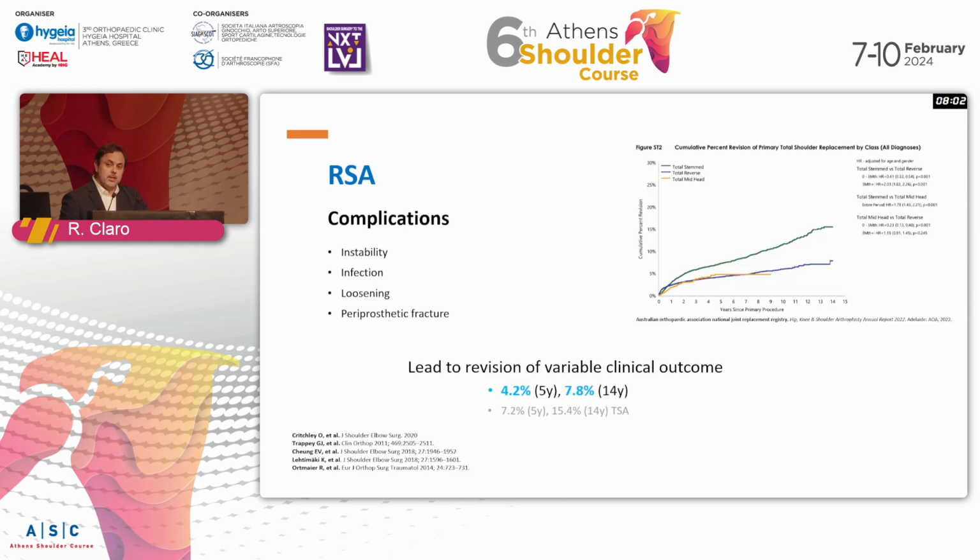And this led to revision and variable clinical outcomes. At 5 years, 4.2% of the reverses were revised according to the Australian registry, and at 14 years, 7.8% of revisions for reverse shoulder arthroplasty with a CTA case.